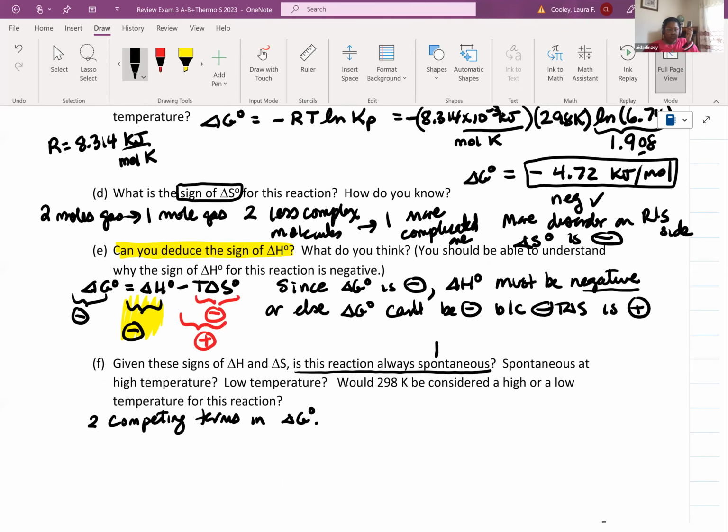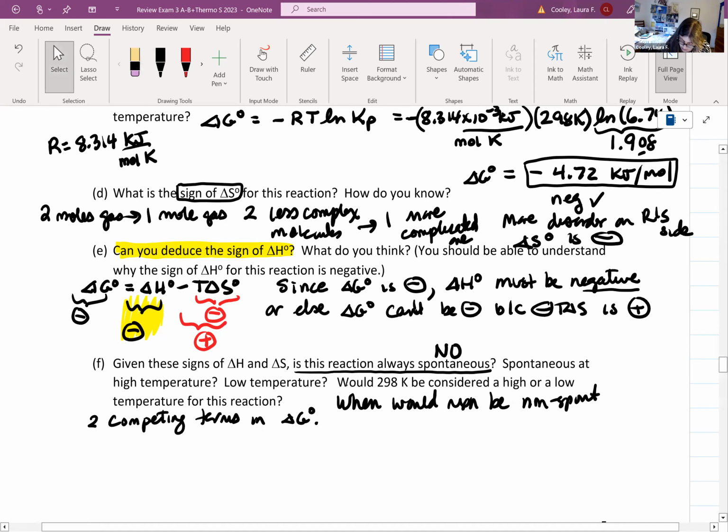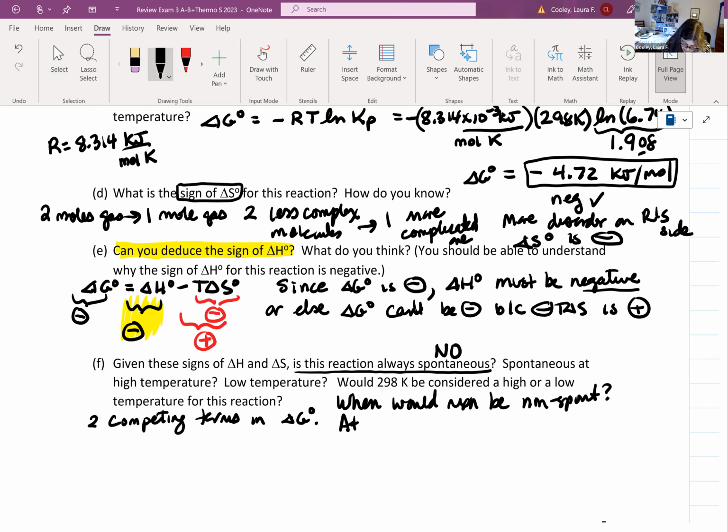No. Okay. When would the reaction be non-spontaneous? At high temperatures, because then the term negative T delta S will be large and overpower delta H. That's right. So the answer is at high temperatures.